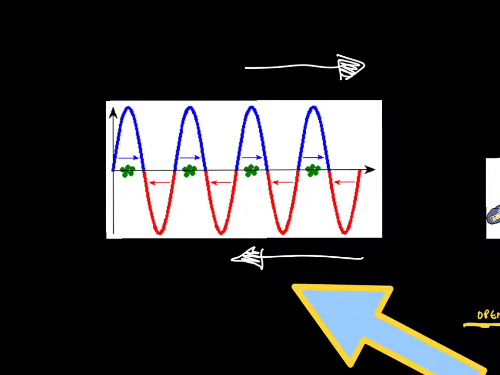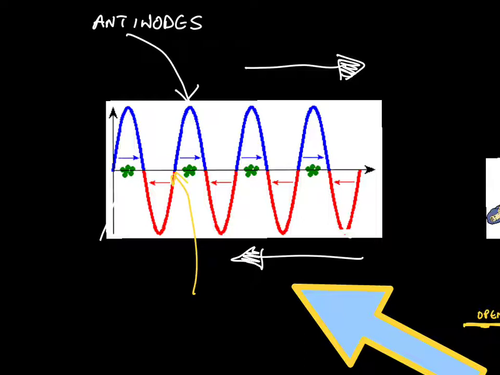And when these frequencies are hit, the wave actually appears to be motionless, and there are periods of big displacement, and we call these antinodes, and there are parts where there is minimal displacement, and these are called nodes.